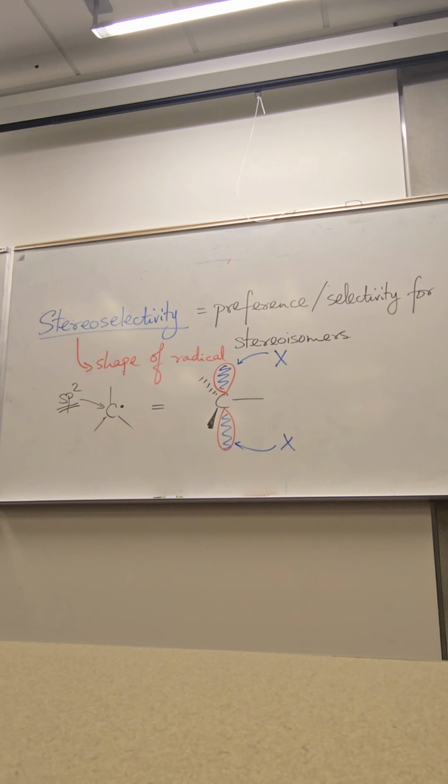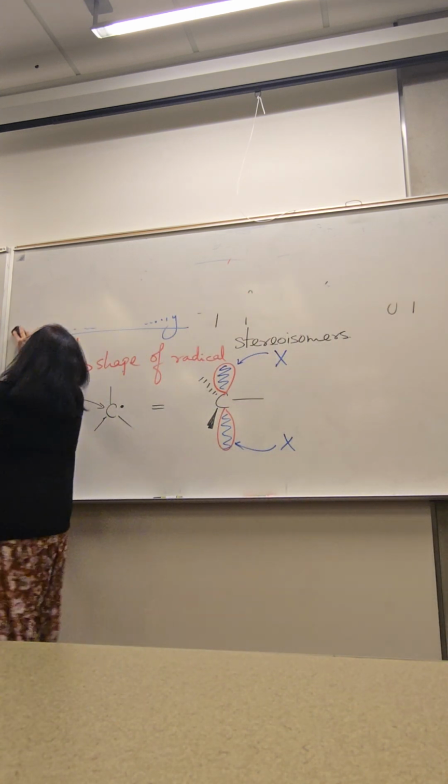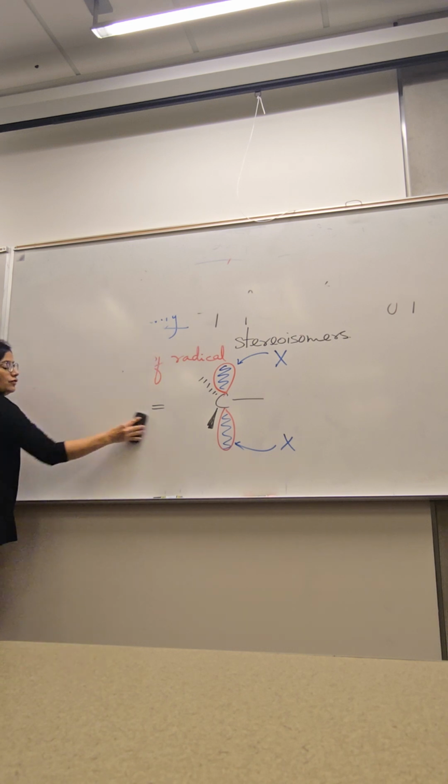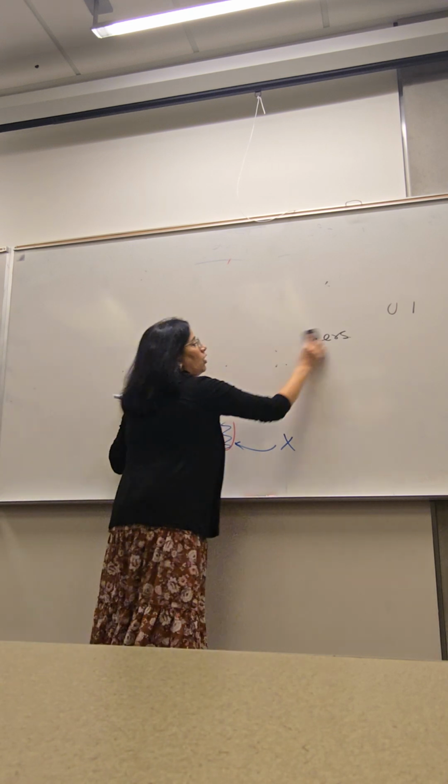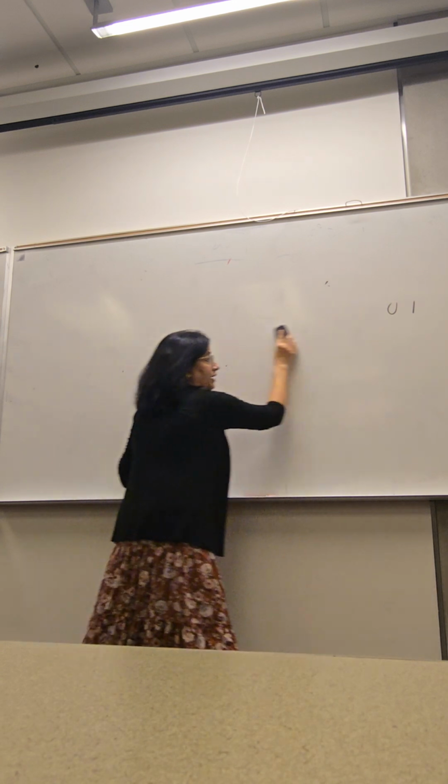Stereoselectivity, there is none, because both enantiomers are equally likely to be formed. So we will get a racemic mixture of that product. Questions so far? Are you guys good so far? Okay.